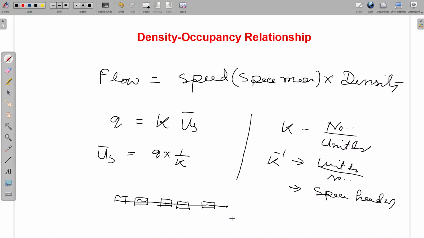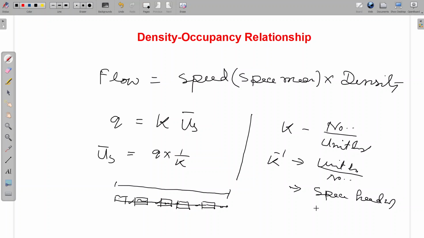If you divide this total length by the number of vehicles, it will give you the space. How many spaces? One, two, three, four, 5. Simple. The inverse of density is nothing but length divided by number of vehicles, nothing but space headway.